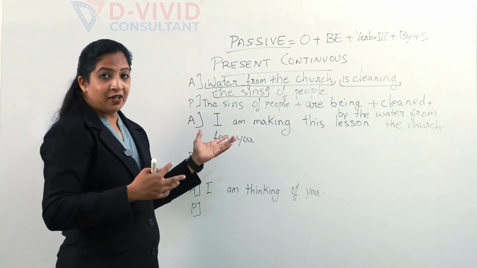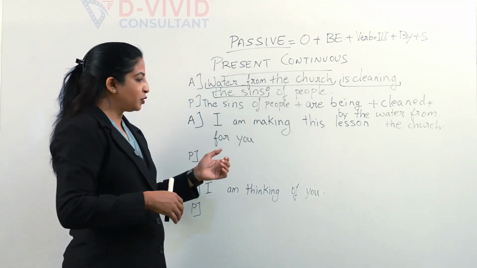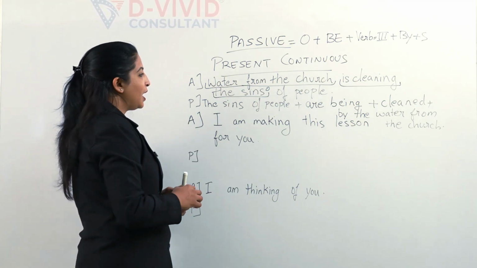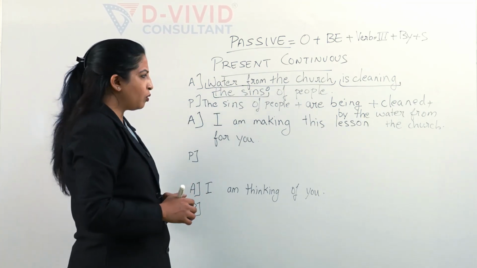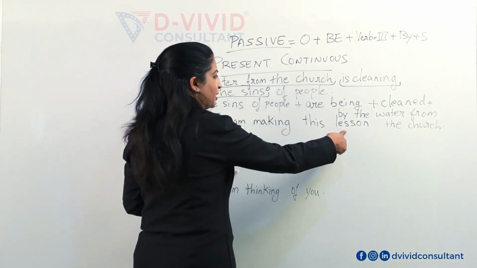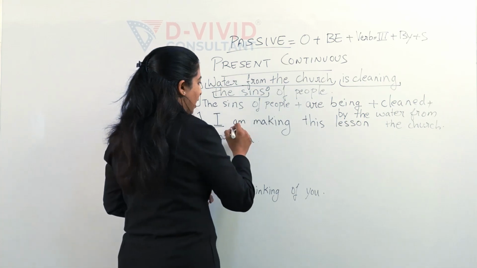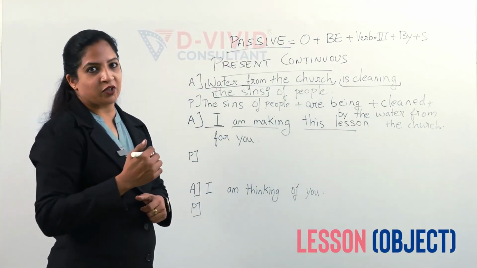Now with the help of this, you are quite confident to convert this sentence into passive. Let's see. I am making this lesson for you. So what is my object here? Is it you or is it lesson? So I have subject, I have verb and this lesson as my object.